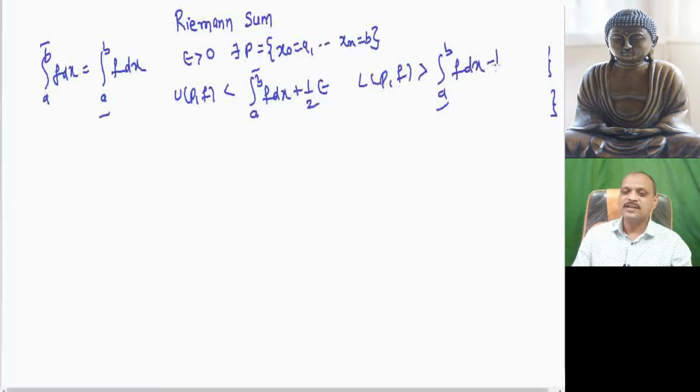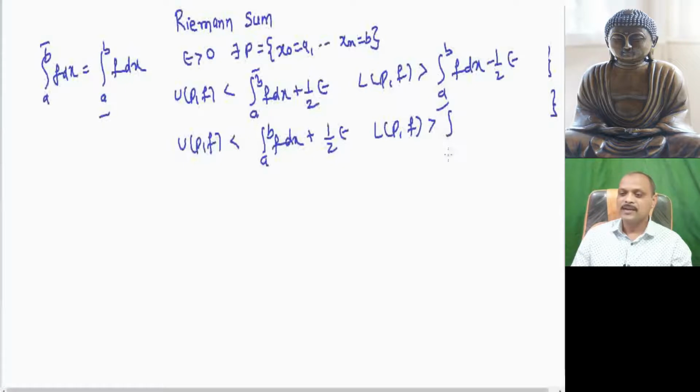But the function is integrable, so the upper sum is less than the integral of f plus 1 by 2 epsilon, and the lower sum is greater than the integral from a to b of f dx minus 1 by 2 epsilon. We have taken the upper sum first, and the function is integrable by the definition depending on upper sum and lower sum.